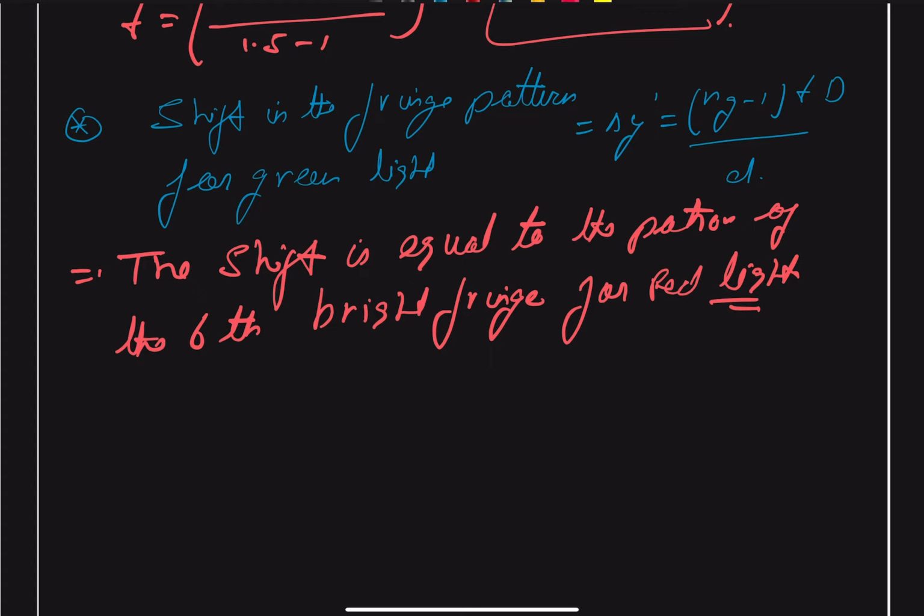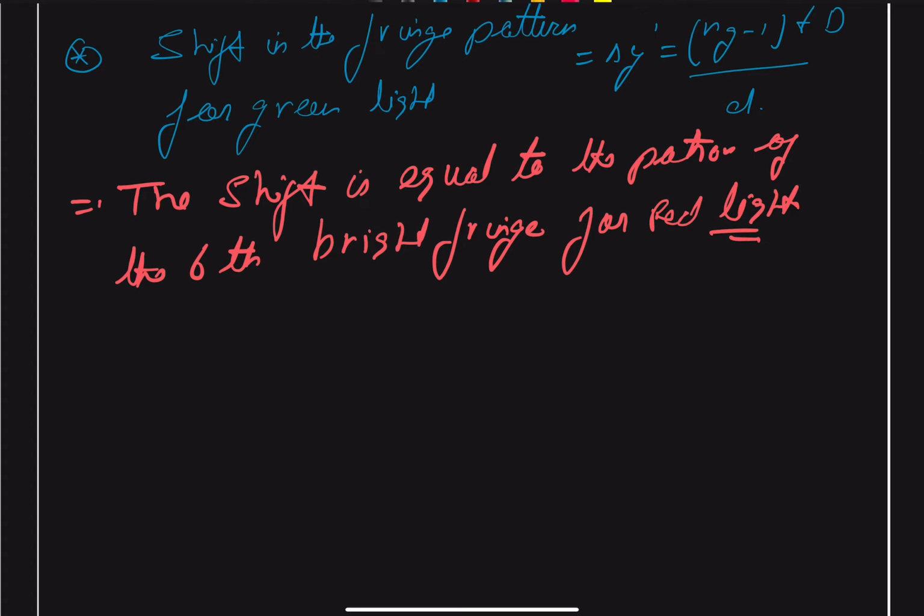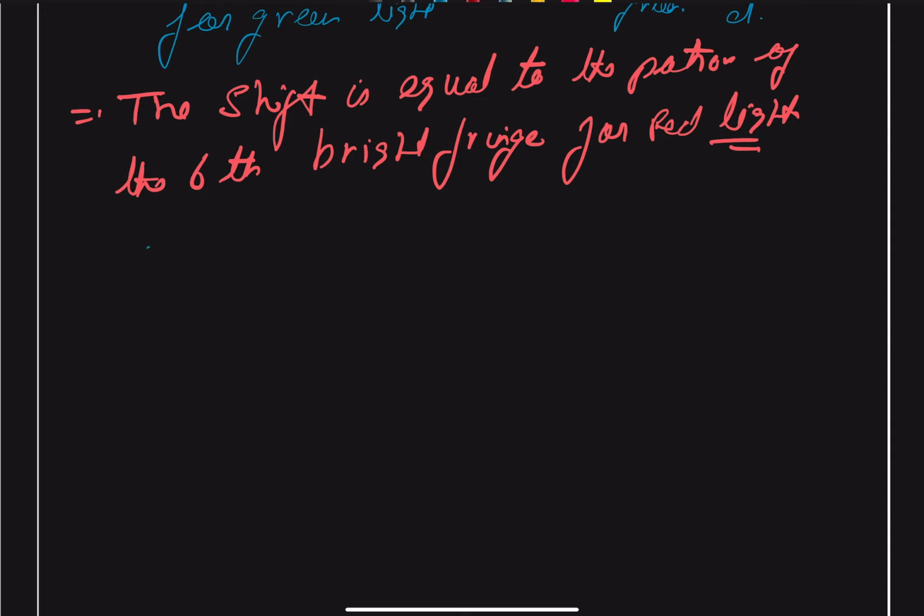So once again we can say that, and this for green, we can say that we have delta y prime for green will be equal to m_G, and this fringe width will be for red. We substitute for red, we get this as m_G, wavelength for red, capital D upon small d.